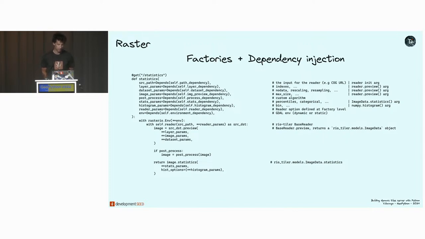Those are for options that are defined dynamically when you call the endpoint, depending on the parameters that you pass to the endpoints. TiTiler uses a lot of those dependency injections to define what operations you can do on each endpoint to the files that you want to use.